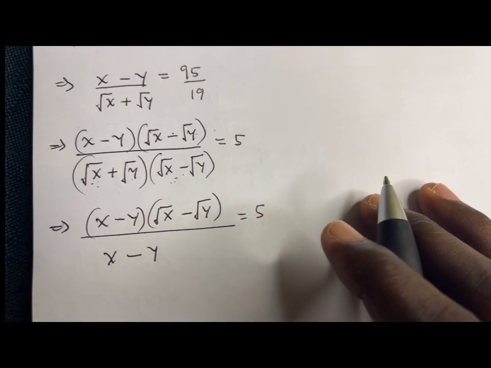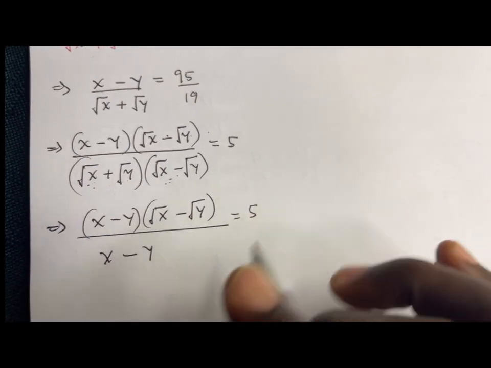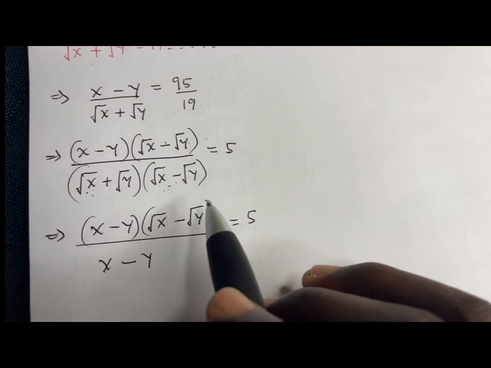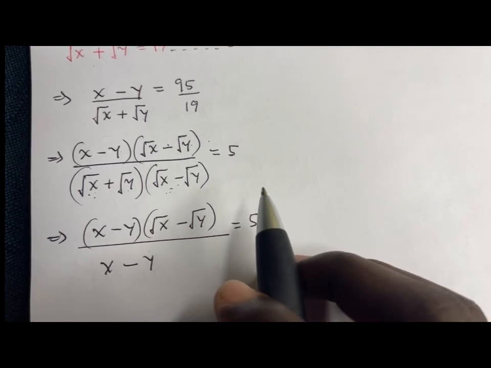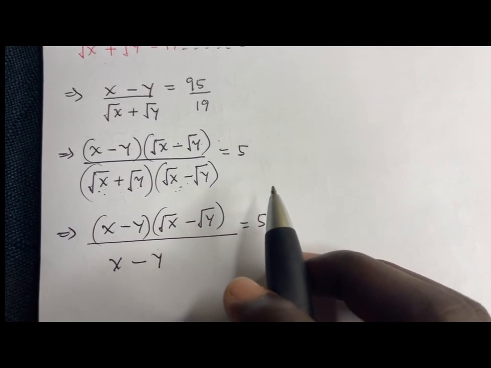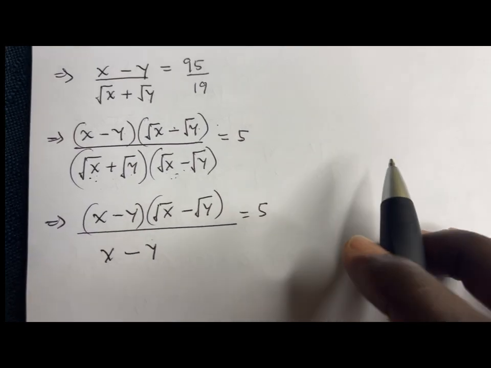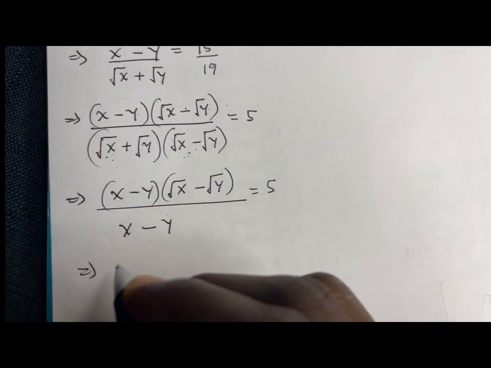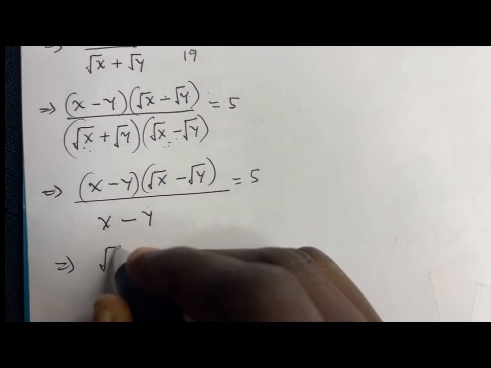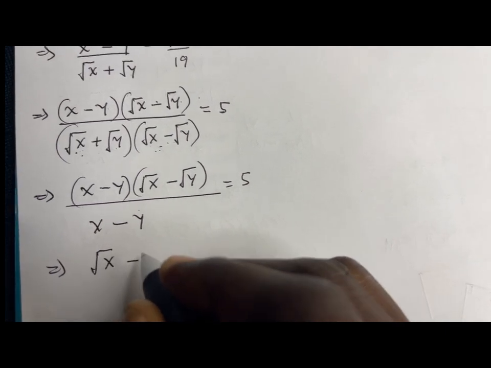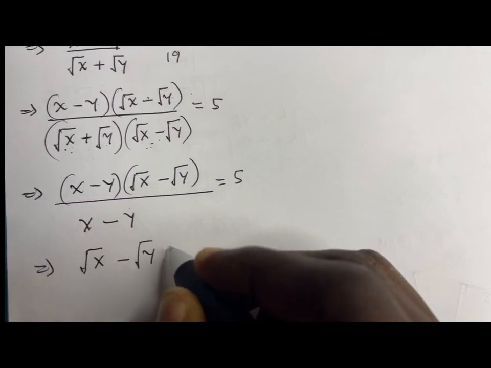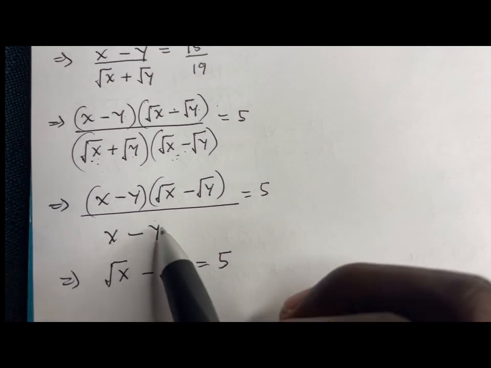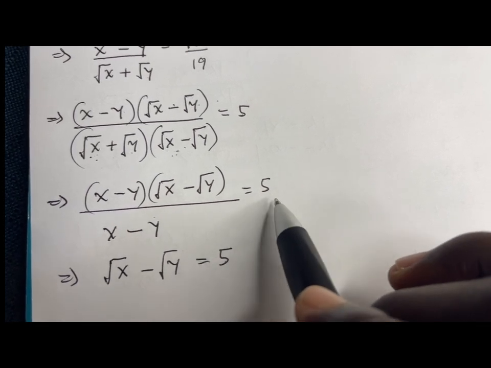So this and this will clear off, and we'll be having the root of x minus the root of y equals 5. That does make sense. Perfect.